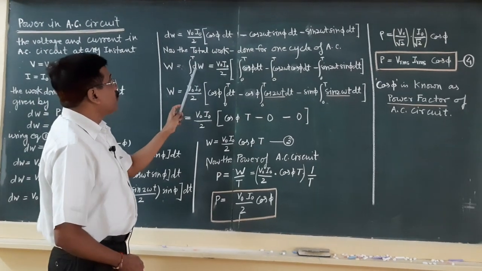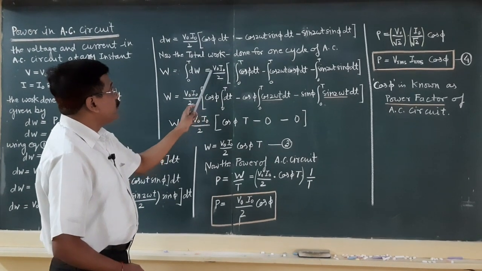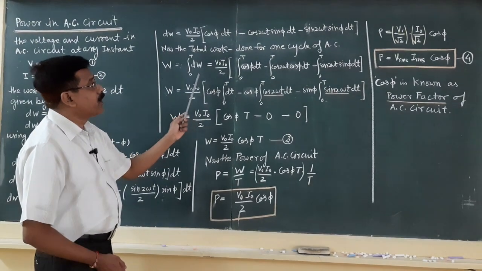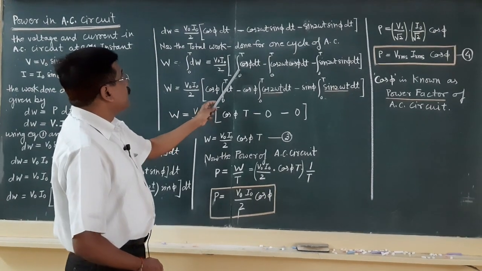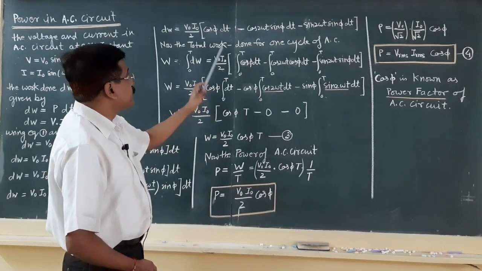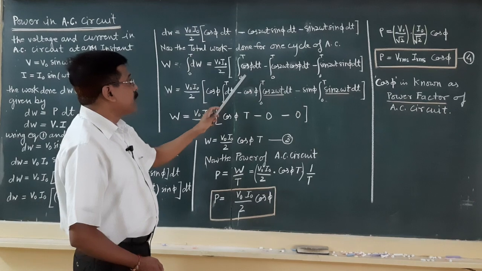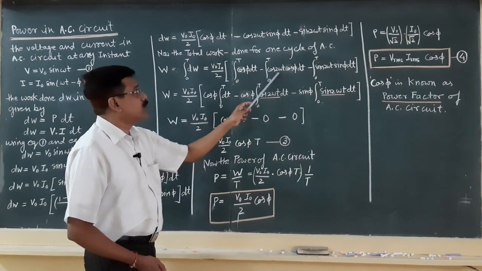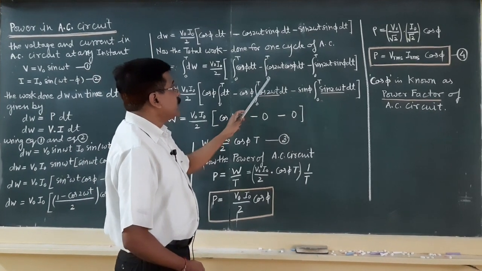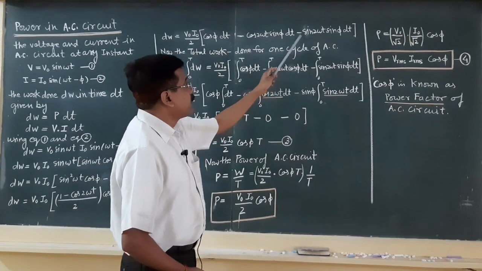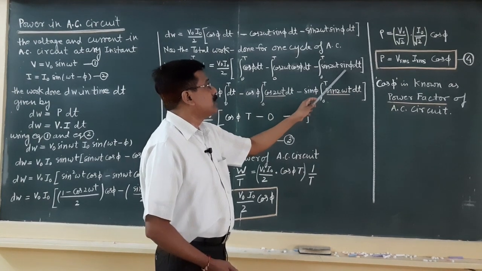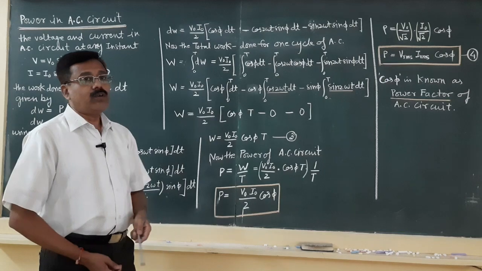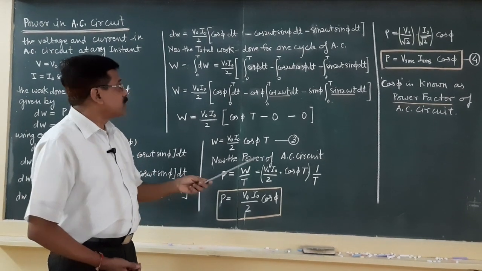Now, if you put the value of dW, then V0 I0/2 is constant, so it should be outside. Within the bracket, the first term will be the integration of cos φ dt from 0 to T. Similarly, the second term is cos 2ωt cos φ dt from 0 to T, and the third term is sin 2ωt sin φ dt from 0 to T. For integration we take the constants outside.